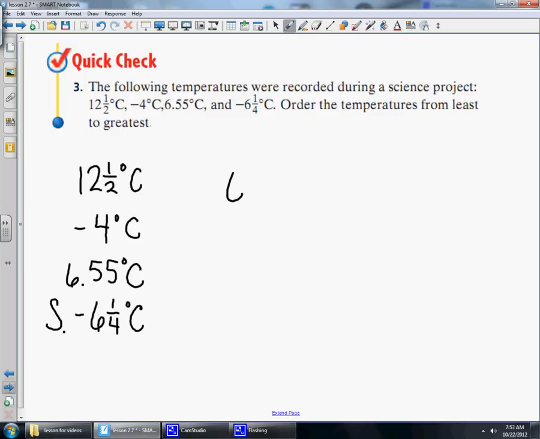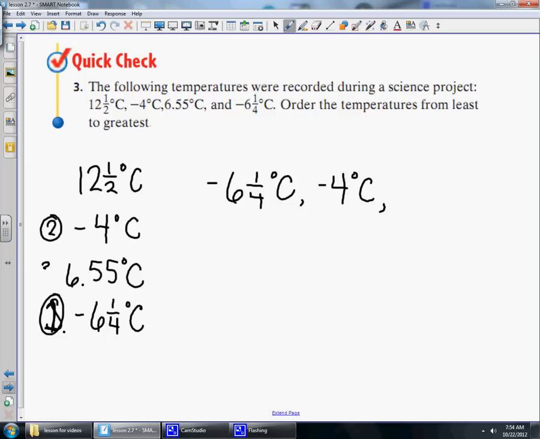So our first number would be negative 6 1/4 degrees Celsius. Number 2 would be negative 4 degrees Celsius.